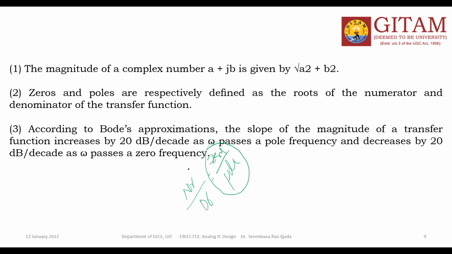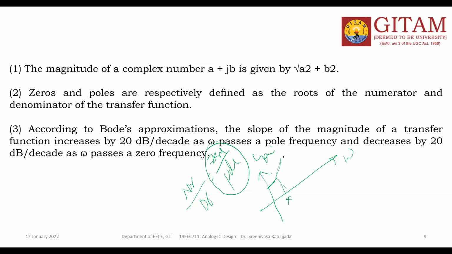Suppose, for example, this is my Bode plot. This is the omega value, and this is the gain. Suppose you are here, at this frequency x. If you have one zero, then the gain is increased by 20 dB per decade.